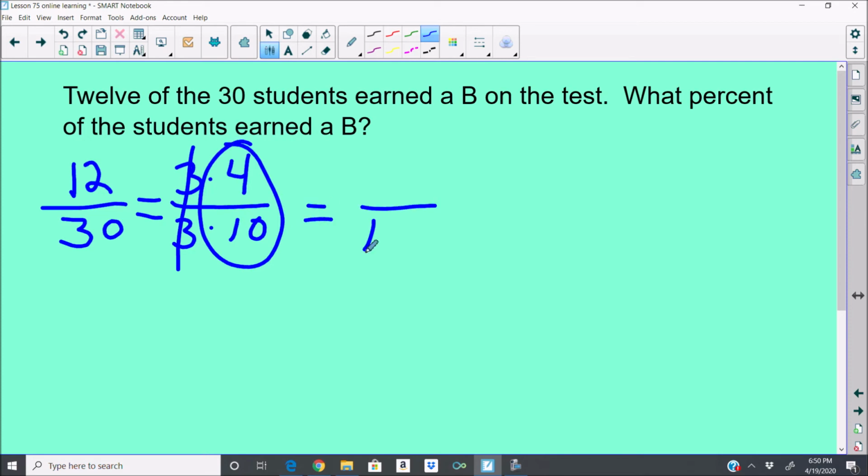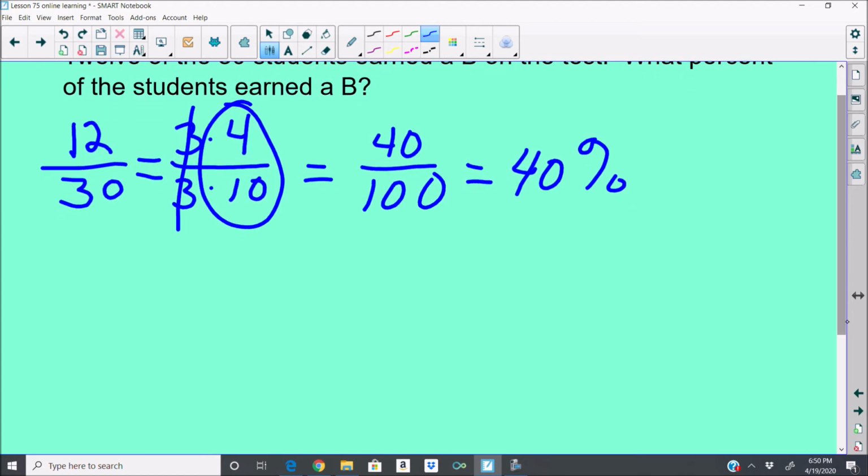4/10 equals what numerator over 100? Well, we just multiplied the bottom by 10. We're going to do the same to the top. Okay. Now, I did want to tell you one other thing about this. One of the previous lessons recently told us how to get a decimal number out of a fraction.